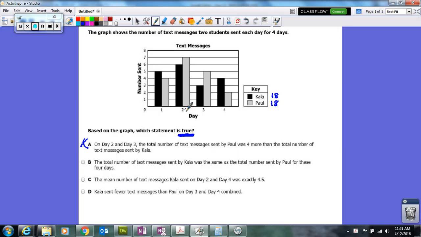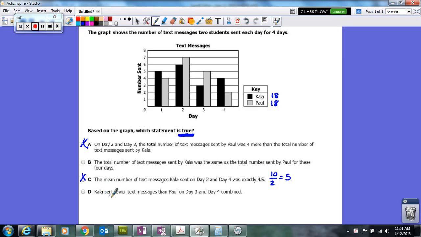Well, we find the mean by adding up the total and dividing by the 2 days. So the total on day 2 for Kayla was 6. And then on day 4 was 4. 6 plus 4 is 10. Divided by 2 days, that gives us 5, not 4.5. So we can cross out answer C.